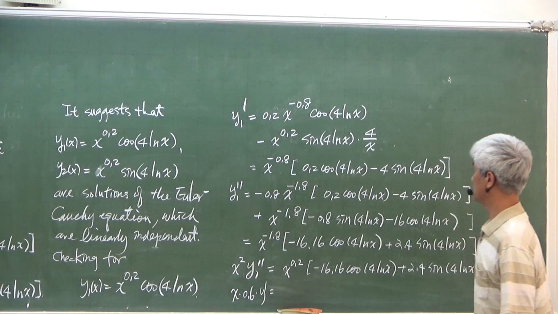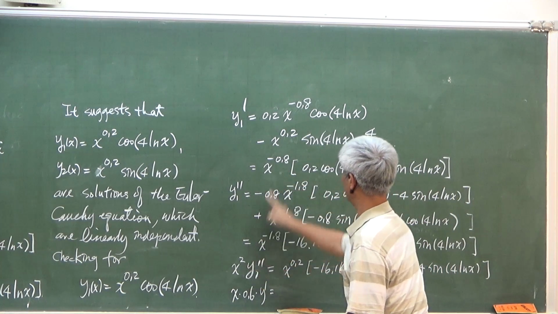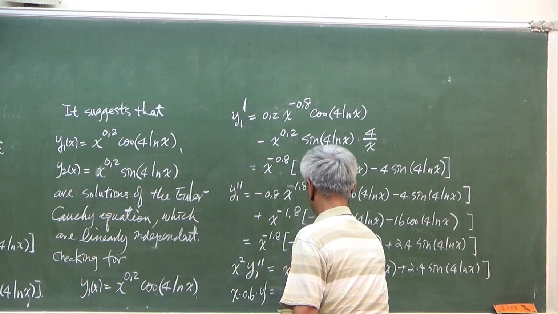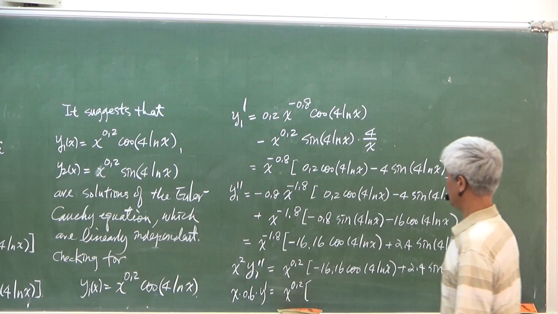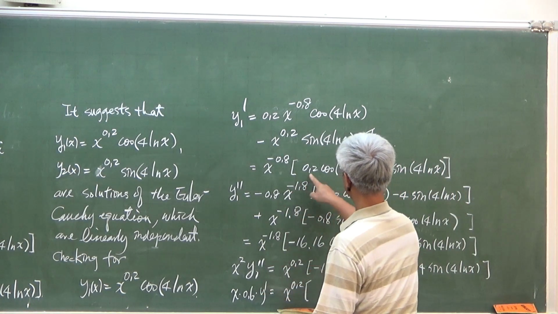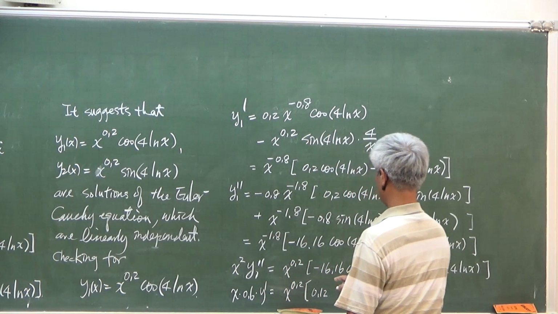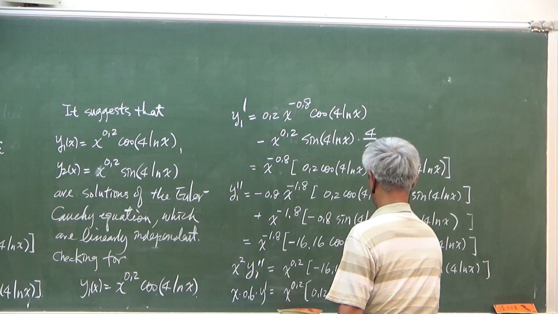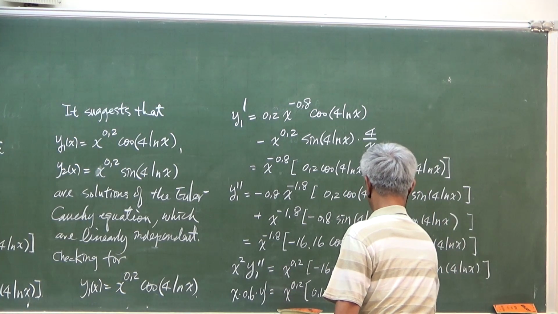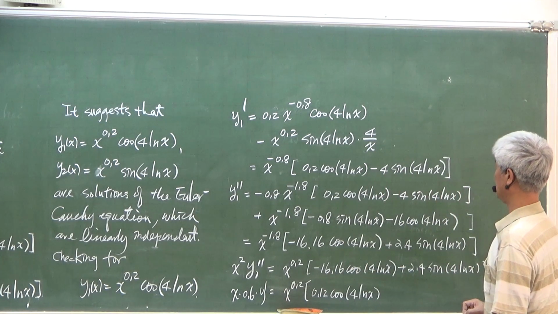So y prime here, we have x to the 0.2, so this is 0.12 sine of 4 ln x.